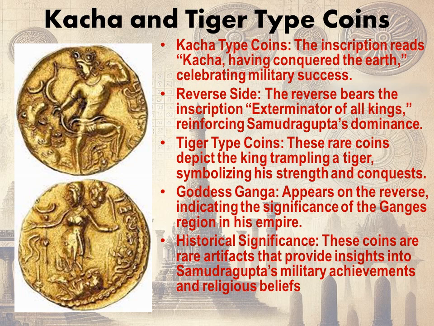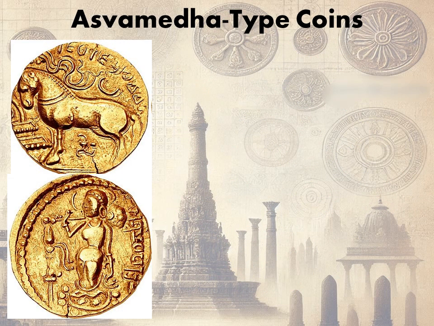These coins are rare artifacts that provide insights into Samudragupta's military achievements and religious beliefs. So all these coins provide a lot of information regarding the military achievements of Emperor Samudragupta and what his religious inclinations were.